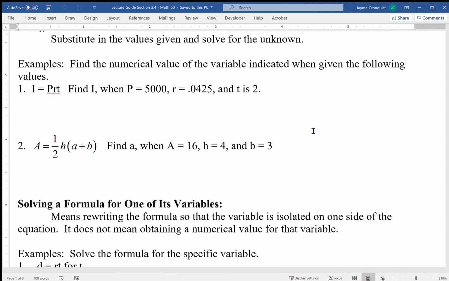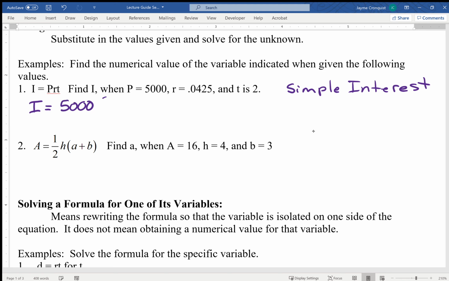Okay, so this is a formula for simple interest. And this gives you the amount of interest, the money in interest. So find I when P is 5,000, R is 0.0425, and T is 2.